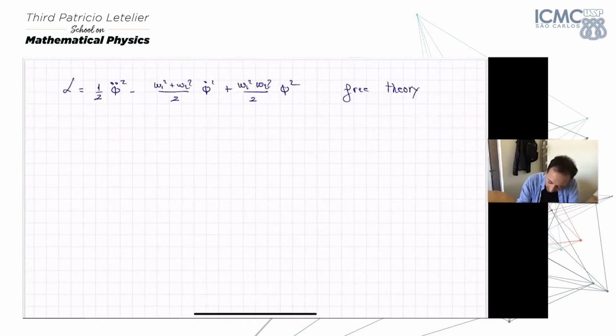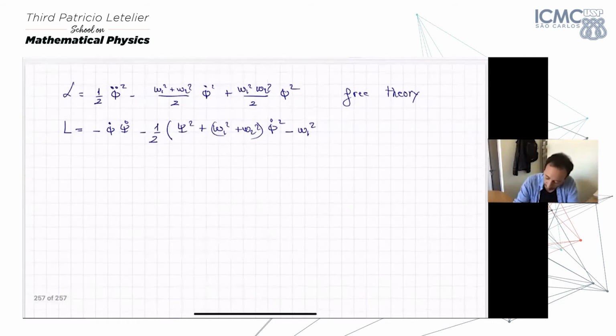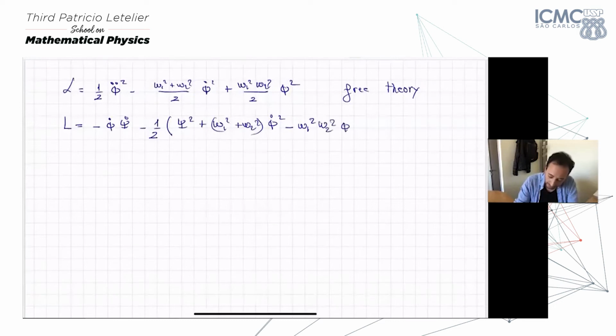So let me write another Lagrangian, which is totally equivalent, with two fields: minus phi dot psi dot, minus 1/2 psi squared plus omega 1 squared plus omega 2 squared times phi dot squared, minus omega 1 squared, omega 2 squared, phi squared.